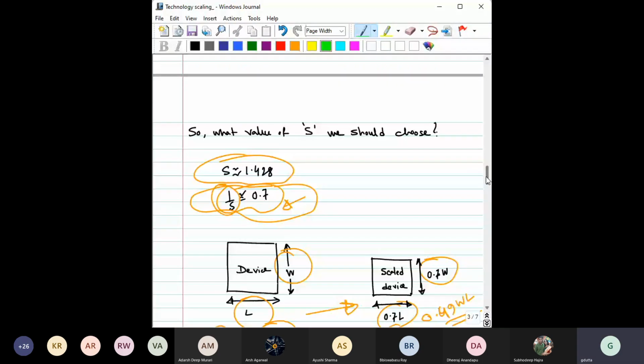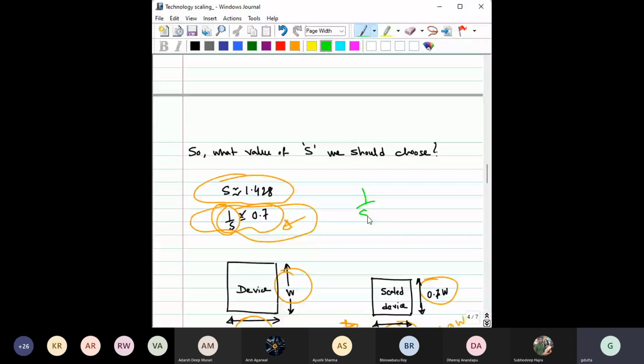Okay, now the question is, why should 1 by S be equal to 0.7? That means we are reducing the dimension by 70%, right? Why not 30%? Why not 20%? Yes, we can actually opt for 30%, 20%, 25%, whatever number we want.